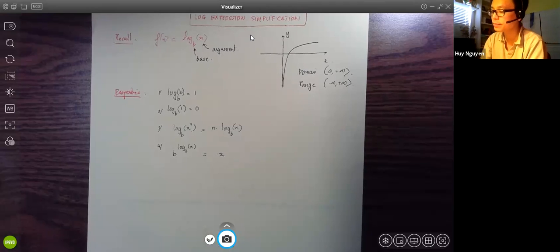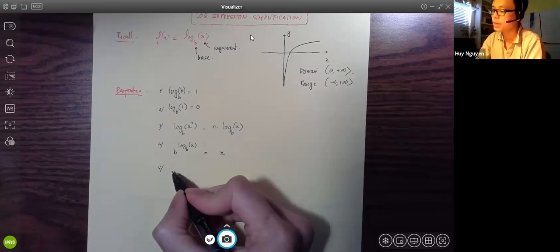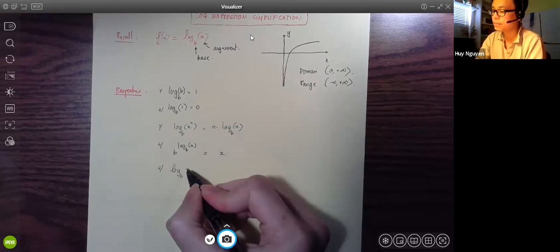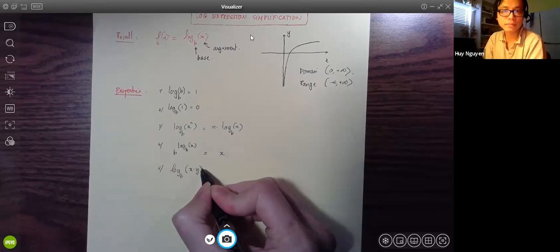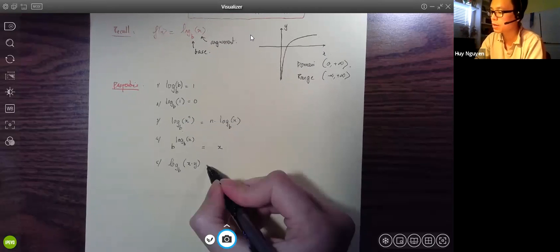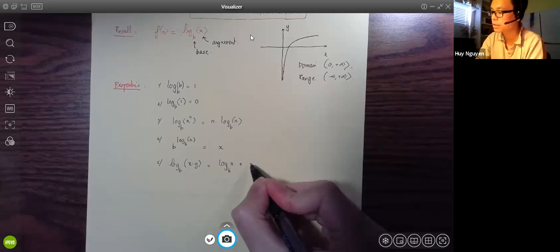Number 5. I have log base b of x times y. Then it turns out to be log base b of x plus log base b of y.